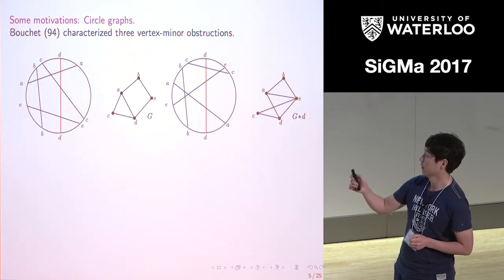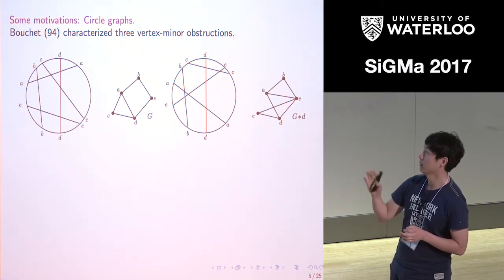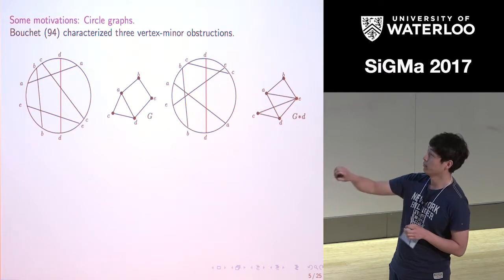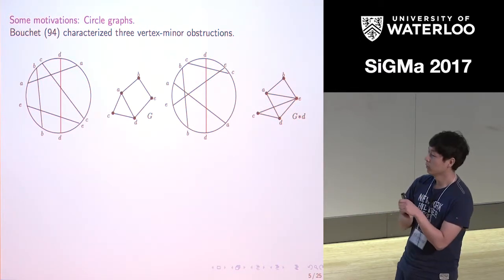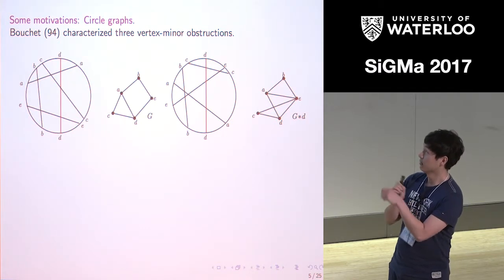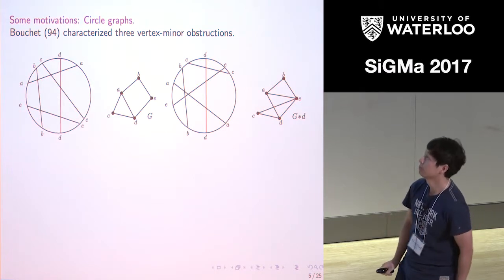For instance, in this left-hand graph there are 5 chords in the circle, and they represent the vertices of the graph G. Two vertices are adjacent if and only if their corresponding chords intersect.